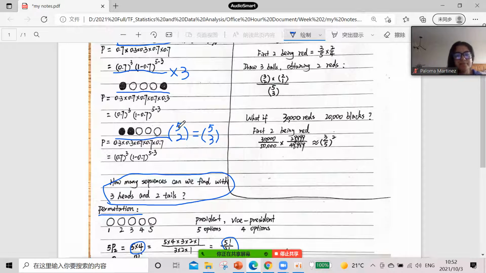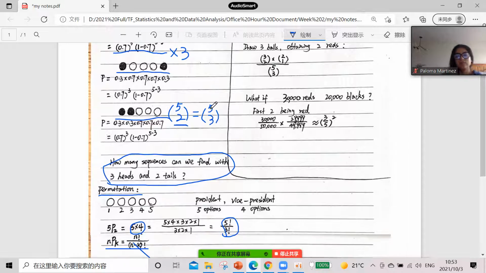For me, I usually want to calculate with the lower number being smaller. So if you ask me to calculate 8 choose 6, I will just calculate 8 choose 2. I think that's a little bit easier if I plug the number into the calculator. That is a small trick.